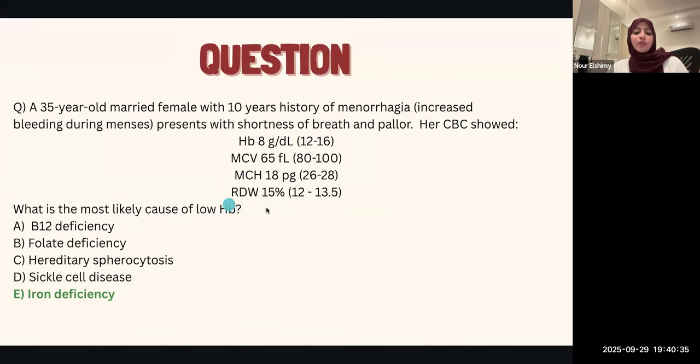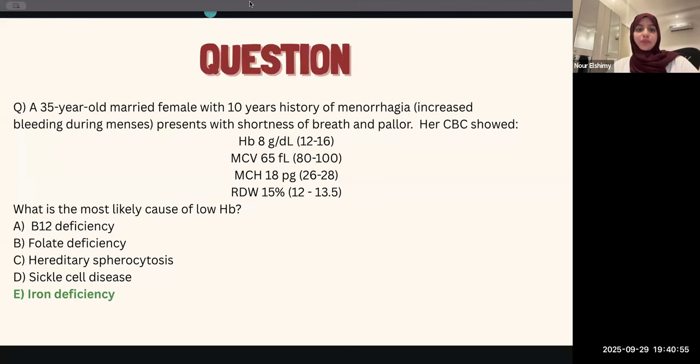RDW 15%, it's a high RDW, which is basically anisocytosis. And remember when I showed you the microscopic image of iron deficiency, we said that it has high RDW or anisocytosis. So all these findings indicate that this patient has iron deficiency. Clear?